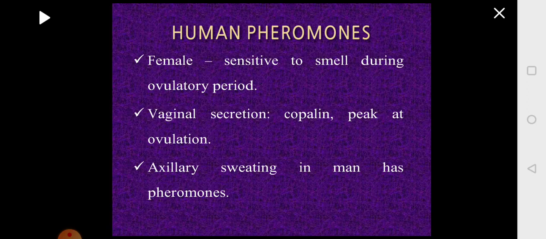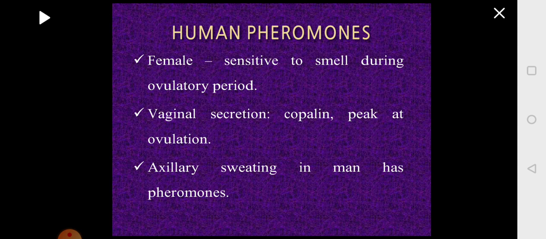Similarly, in the secretions of the vagina there is a chemical substance copulin, secreted in huge quantities at the time of ovulation, so that if coitus happens at the time of ovulation, it becomes fruitful and the fertilization will be successful.